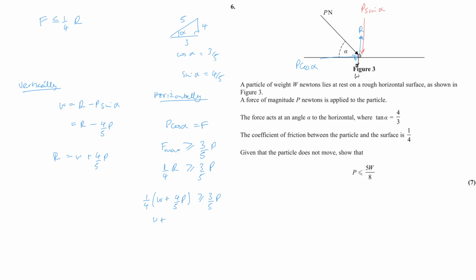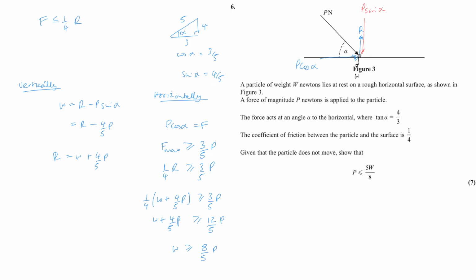So W plus 4/5 P times by 4 is 12 over 5 P. Now 12 over 5 minus 4 over 5 is 8 over 5 P.